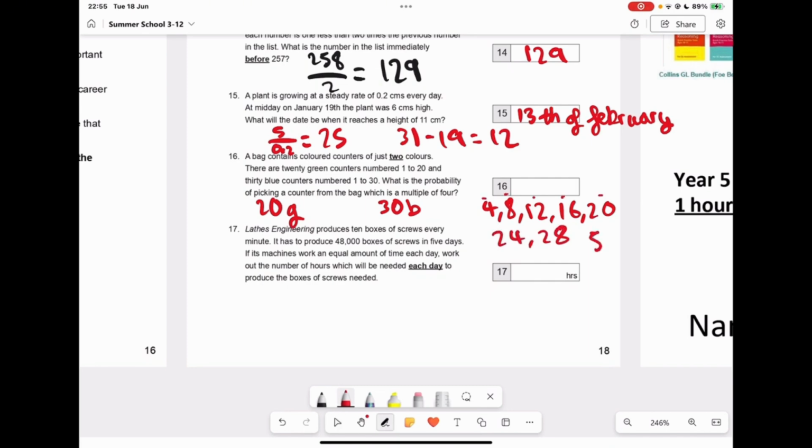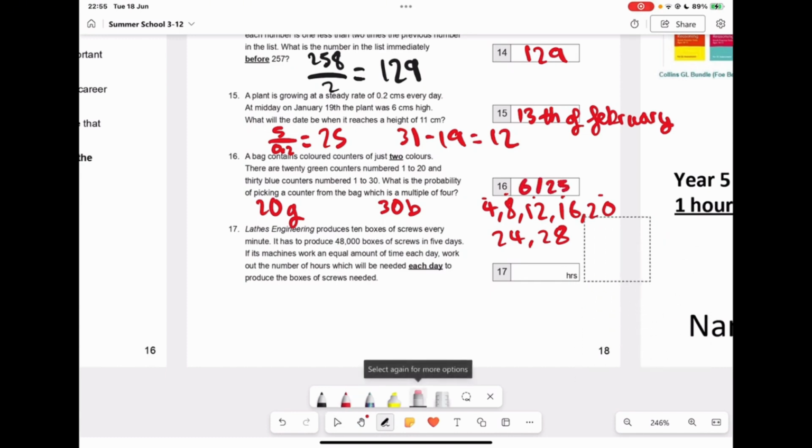So that'll be 5 times 2, which is 10. And then 10 plus 2 equals 12. So the answer to question 16 will be 12 over 50. But then we can simplify that to 6 over 25. So the answer is 6 over 25.